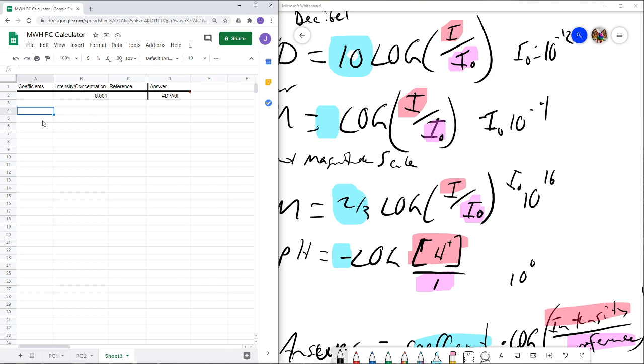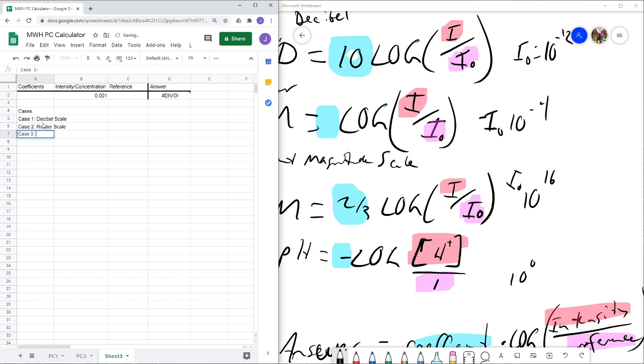Let's go ahead and explain what we're going to do. Let me type it out. Cases. Case 1 is going to be the decibel scale. Case 2 is the Richter scale.